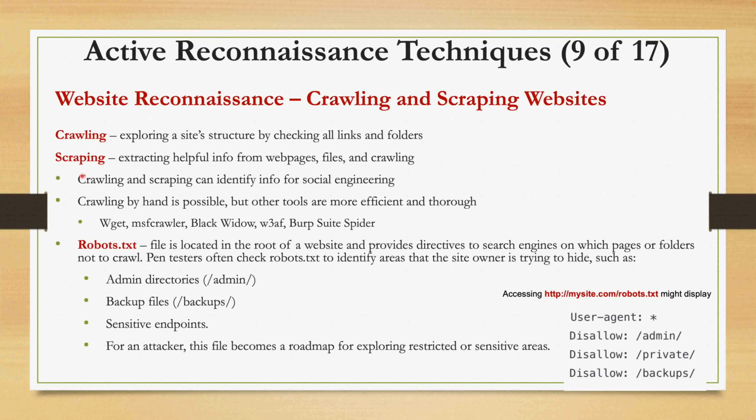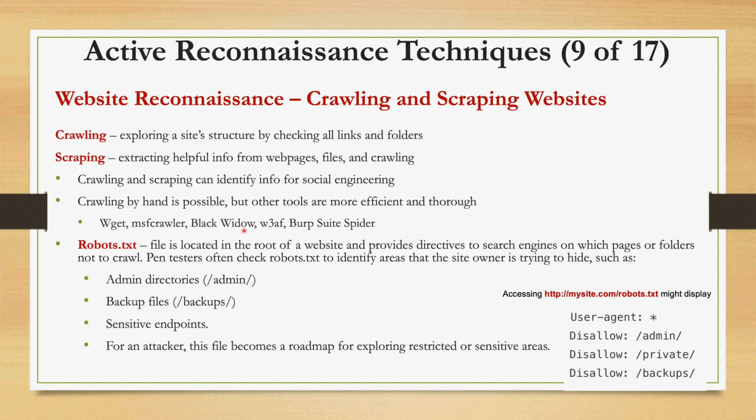Like what? Well, for example, we could look for email addresses, phone numbers, and employee details for social engineering. We could look for version numbers of software, frameworks, or applications. We could look for hidden comments, credentials, or metadata within HTML code. We could also look for sensitive files like backups or configuration files.